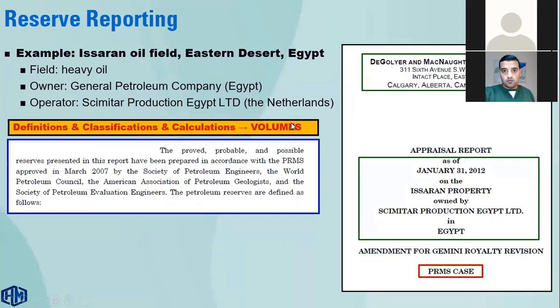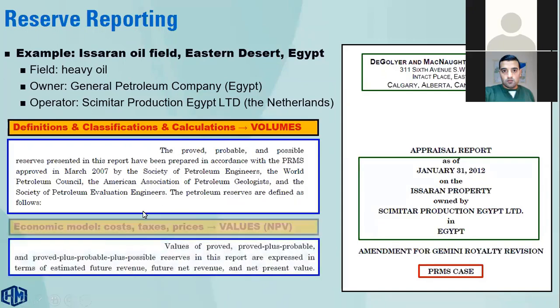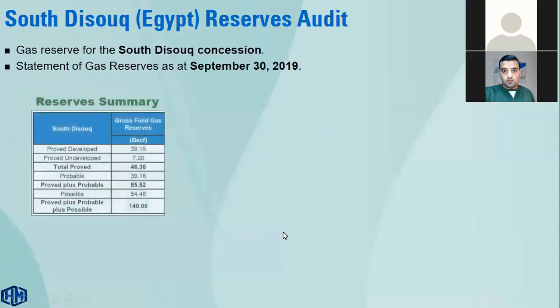So you will have a set of volumes of reserve. After that, by using a specific economic model to incorporate the cost, capex, and opex, taxes, and oil prices, you will have the net present value of the project at specific discount rates.